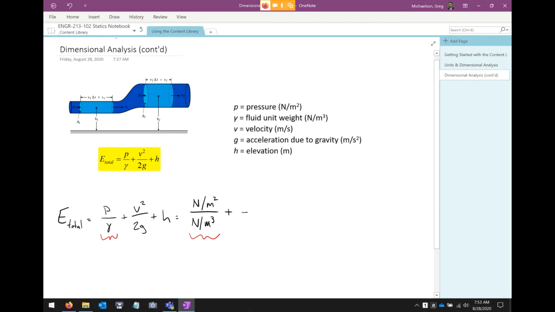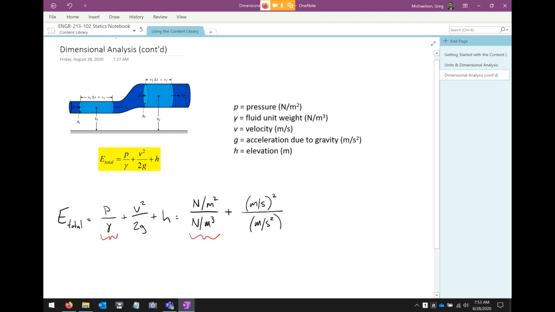Plus, okay, and now we've got this fraction here. Now we've got V, and so V is meters per second squared, divided by, and then I've got 2g. So first off, let's do the g. So g is meters per second squared, like that. And then we have the 2.